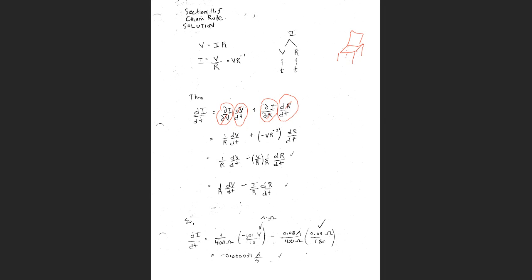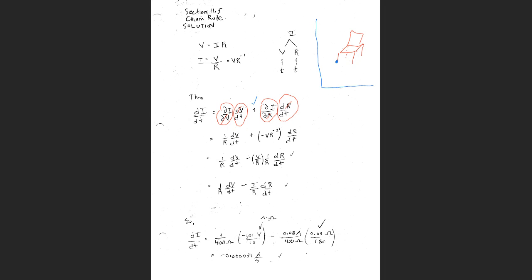Let's take my little chair here on the right. I'm going to give you an intuitive feel why we add these two pieces. So if I want to know the rate at which the chair is wobbling, if there's just one leg that wobbles, a chair wobbles if it has wobbly legs.